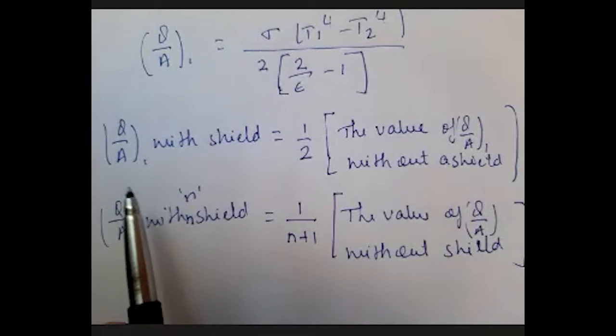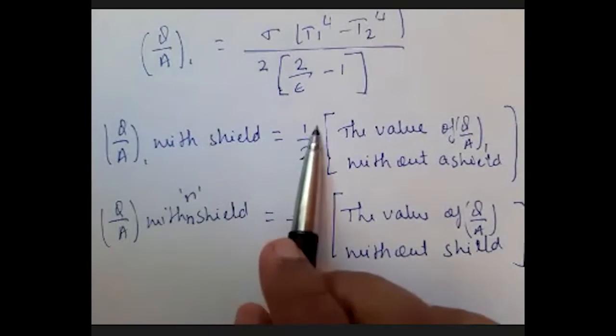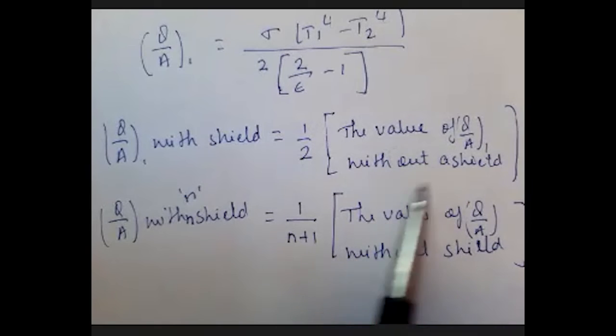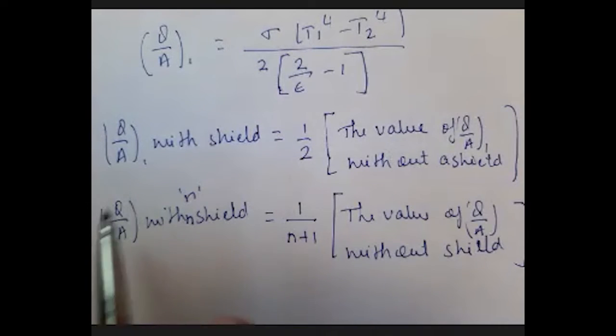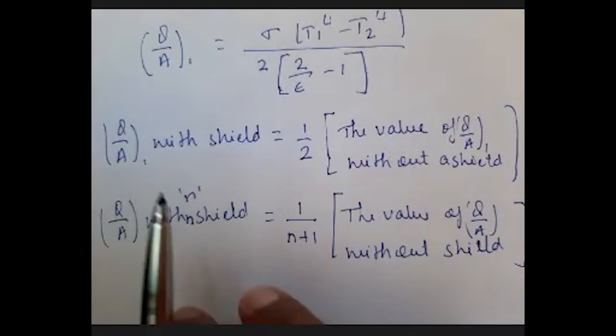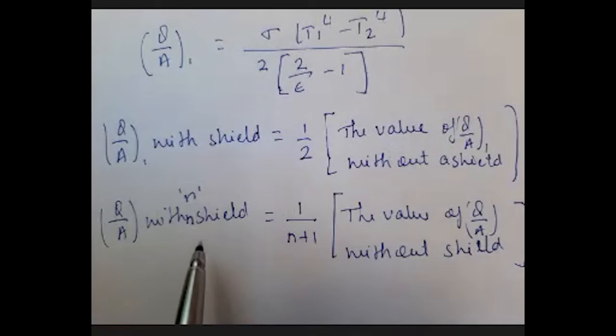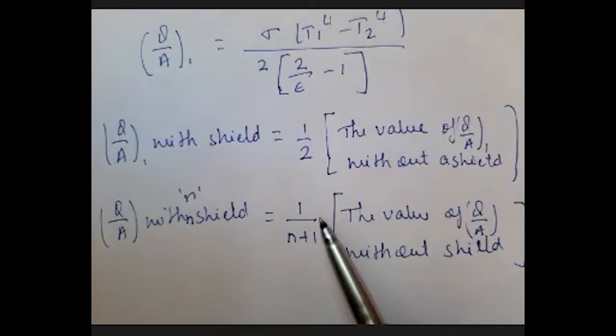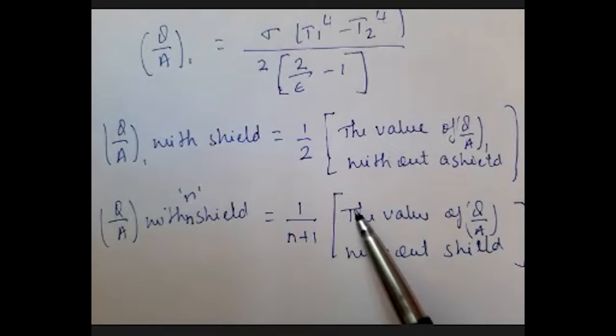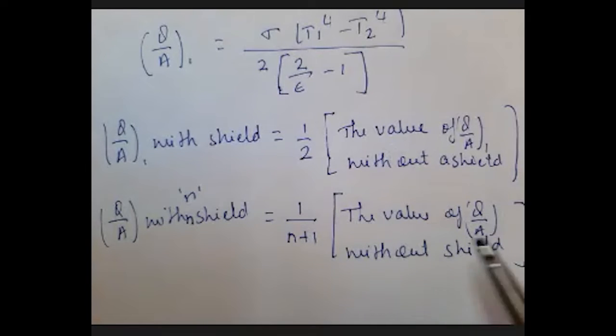If I have one shield, it is half of the value without shield. That means if I have n number of shields in between two infinite parallel plates instead of one, the value will be nothing but 1 upon n plus 1 into the value of Q by A without shield. So this is all about the radiation shield.